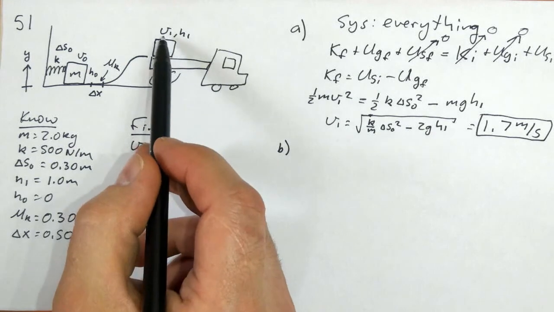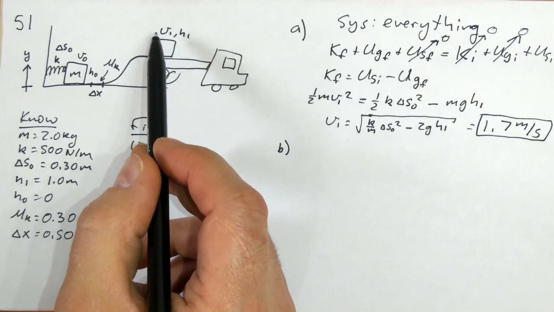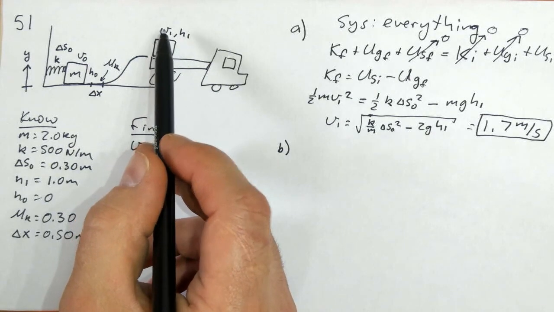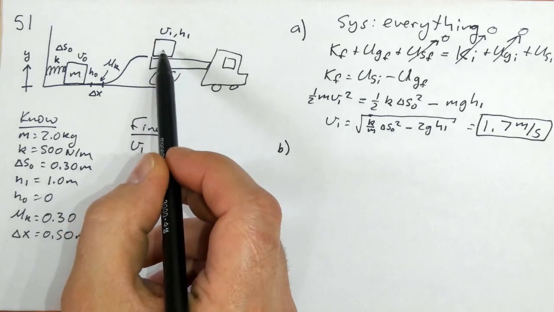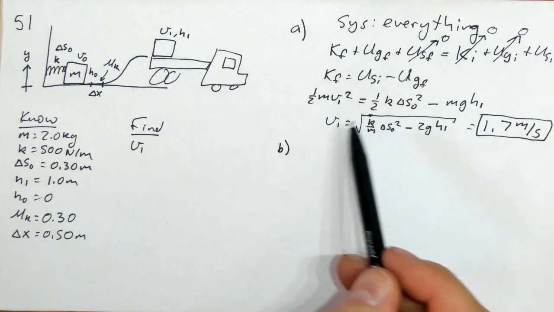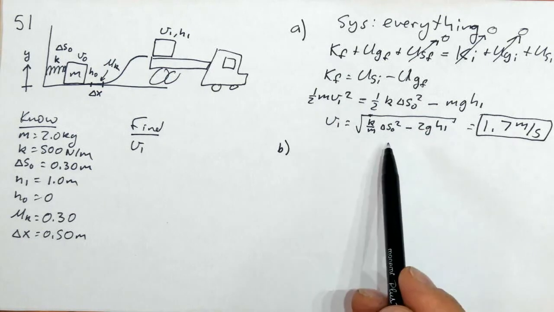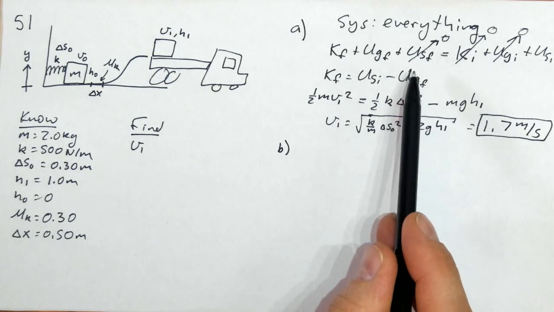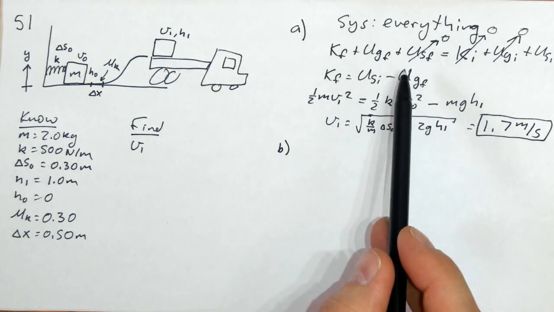Or we could ask, how fast is it going when it gets to 1 meter? Basically we do this same problem over again, only now we need to insert a loss of energy to thermal energy.